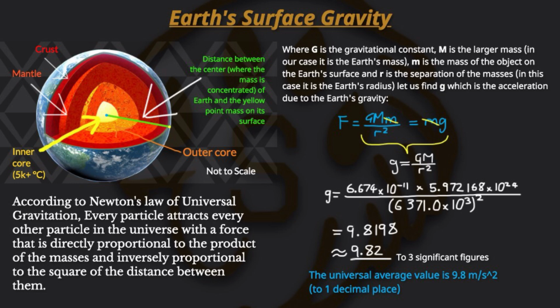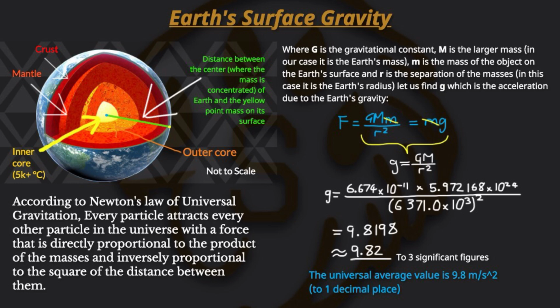Force is in newtons, mass is in kg, so it becomes newtons over kg. That's one of the units that you can use. Another unit is meters per second squared. It's because acceleration is equal to speed over time, and speed is equal to distance over time, so it's basically distance over time squared. That's why you get m over s squared.